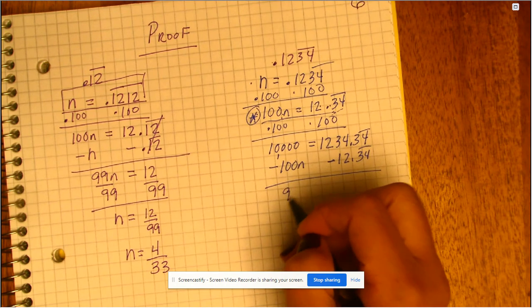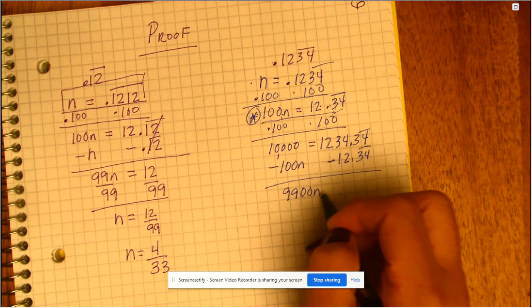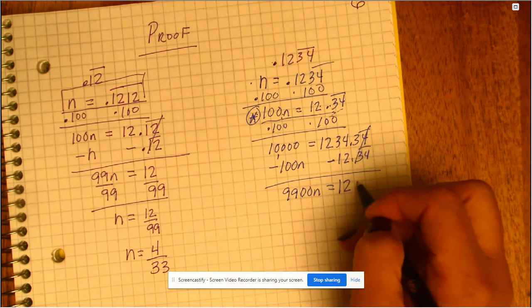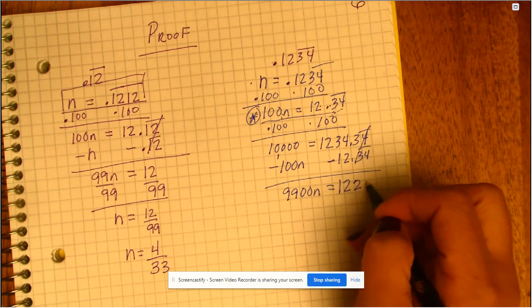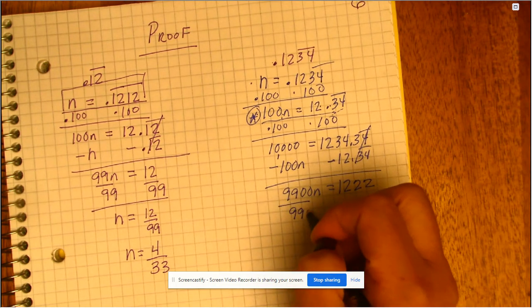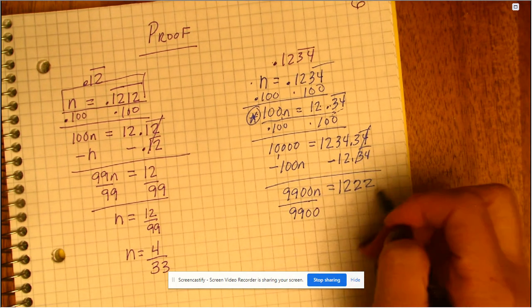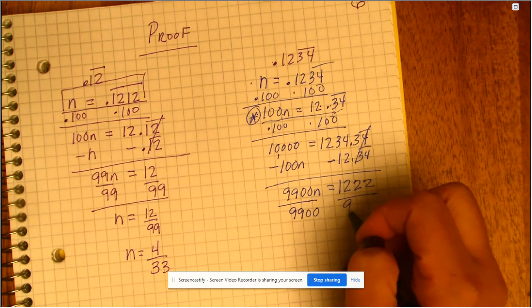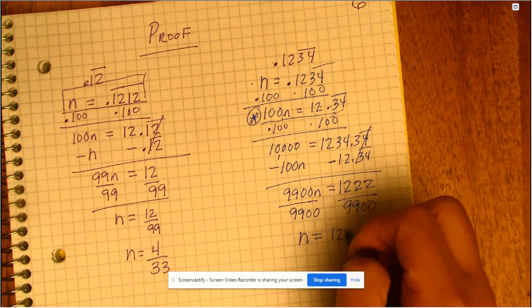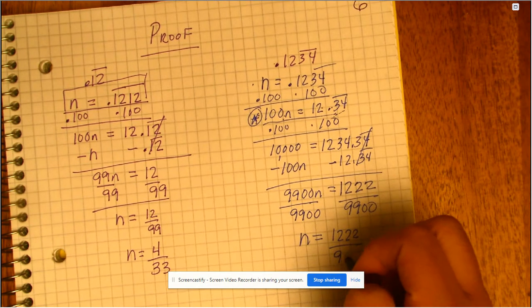So over here, I wind up with 9,900n, and over here, those cancel out. I'm left with, again, 1,222. And divide both sides by 9,900. I get n equals 1,222 over 9,900.